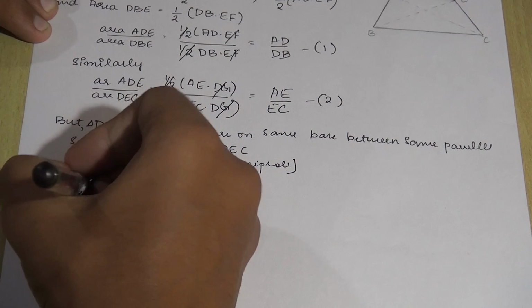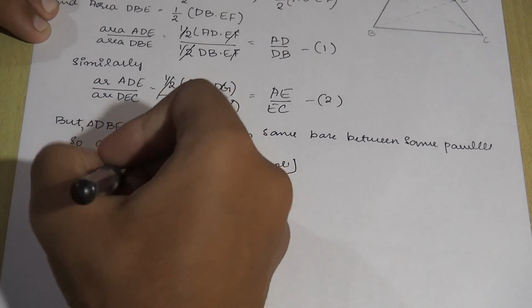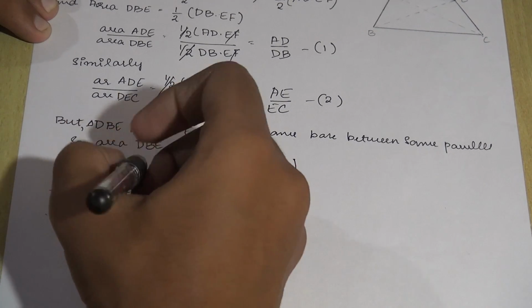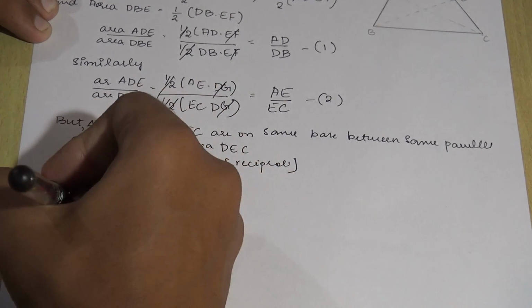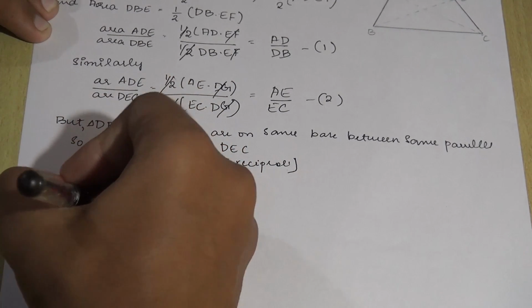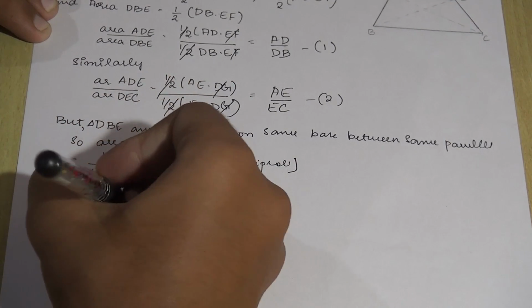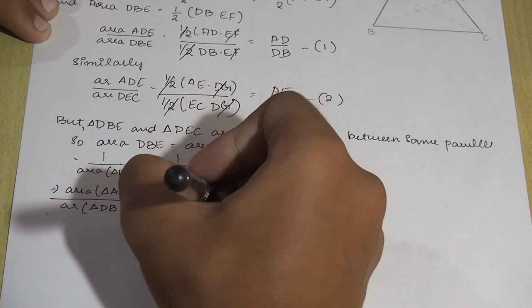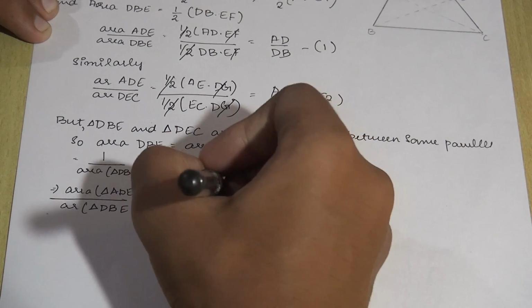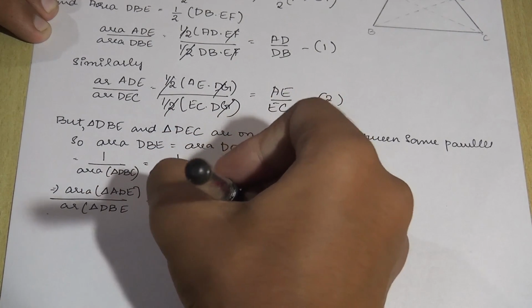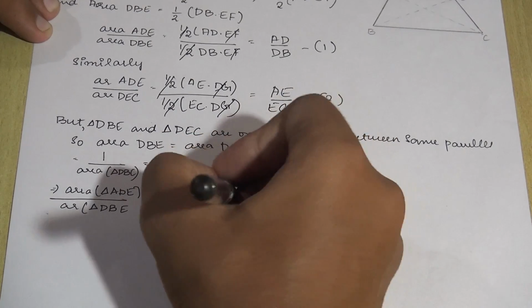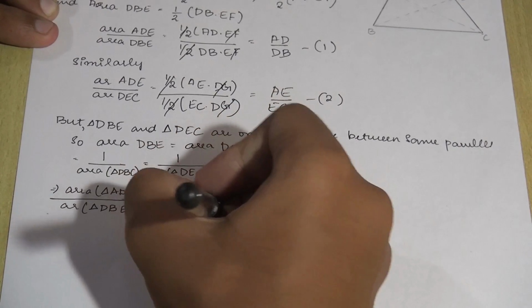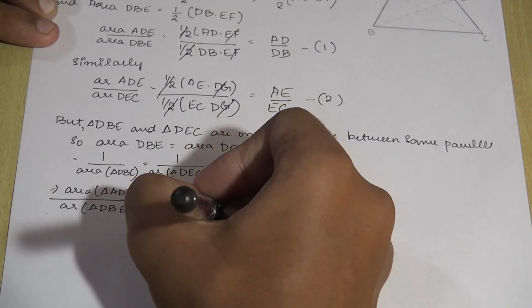Area of triangle ADE by area of triangle DBE is equal to area of triangle ADE by area of triangle DEC.